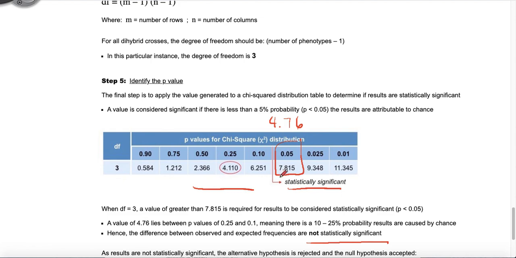Because 4.76 falls under my statistically significant value here. So what does that mean? What does that mean? That means that the difference between my observed and my expected frequencies are not statistically significant. Therefore, they are not different. They are pretty much the same.